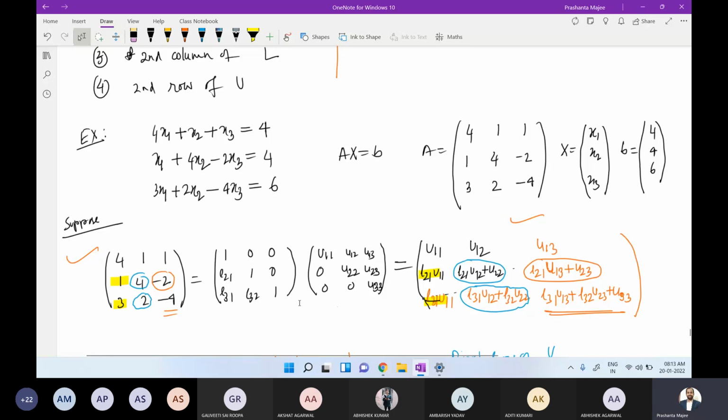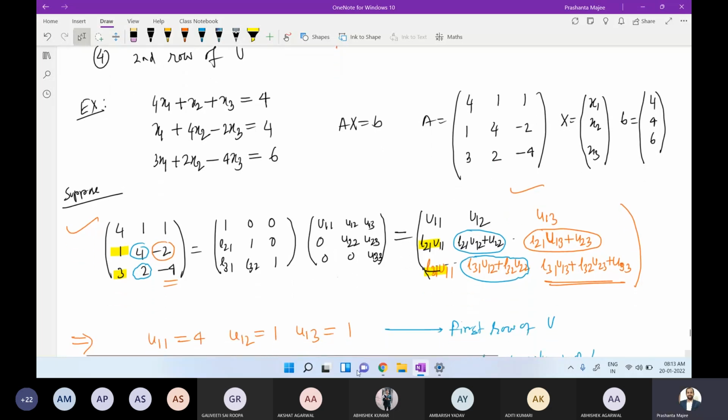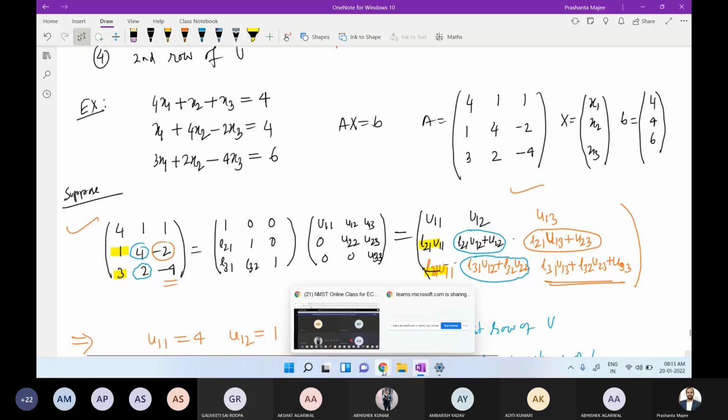Now let us quickly solve one problem. Last class I discussed the technique, so I'll be considering the same system which you can see on the screen, and let us see how we can solve it using the LU decomposition method. So let me write down the system one more time. Students, am I audible? Yes, sir. Okay.